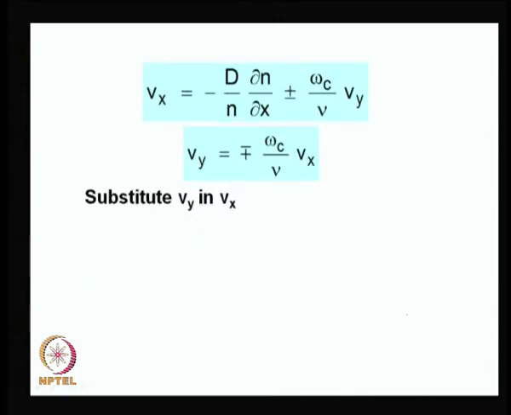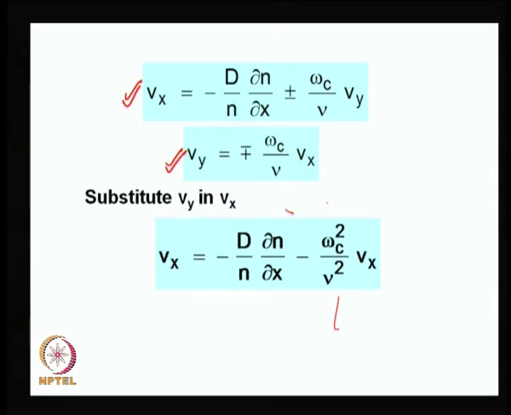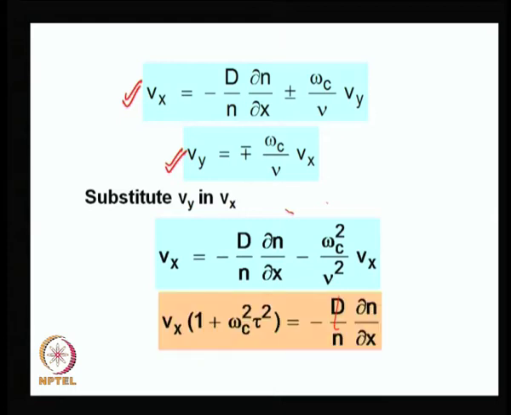Similarly, by substituting Vy, which is equal to minus plus omega c upon nu Vx, into the expression for Vx, we can again derive an expression for just Vx the way we have done for Vy.